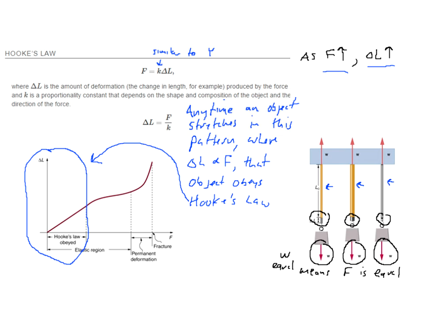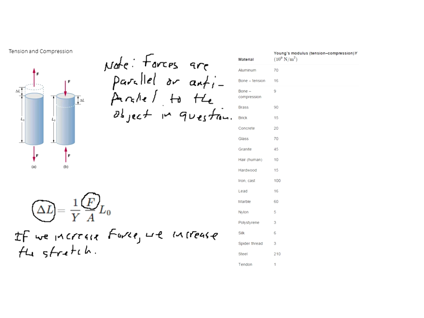So in this case, actually let's quickly go back here. In this case, it wouldn't have really mattered whether we applied the force in the middle or right here. The assumption is that the cross-sectional area is fairly small compared to the length.